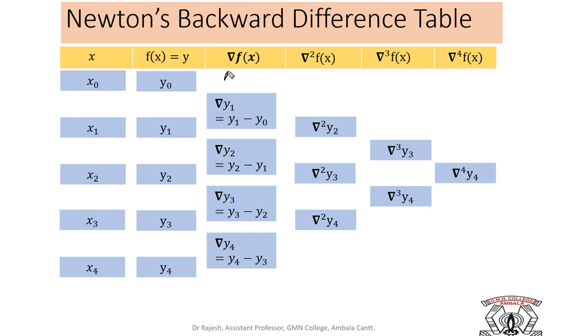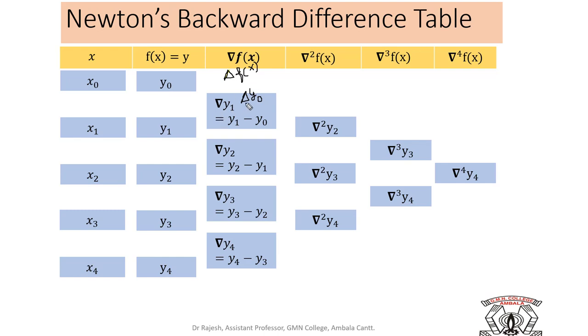We used to write delta f of x, and since it was the forward, we used to write y naught, forward with respect to y naught, so we used to write over here delta y naught. Rest of the thing was the same, y1 minus y naught difference was the same, and whenever we write the table, we will be writing only the difference, not the notation.